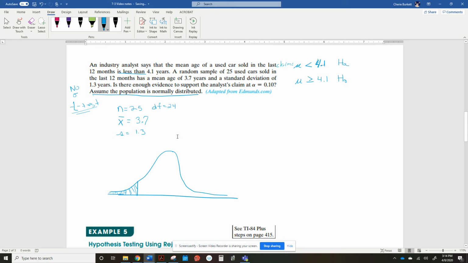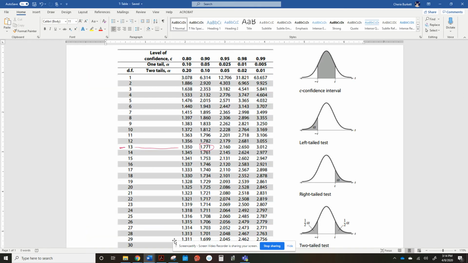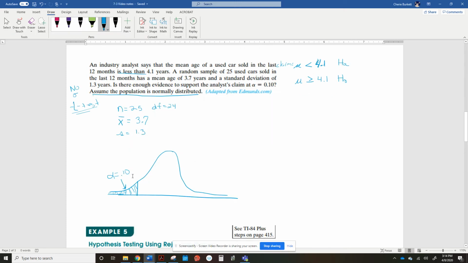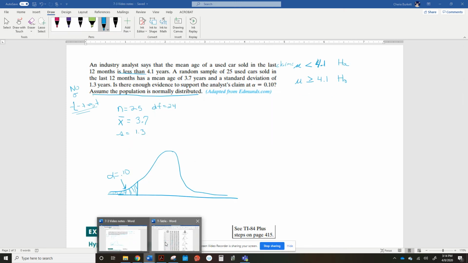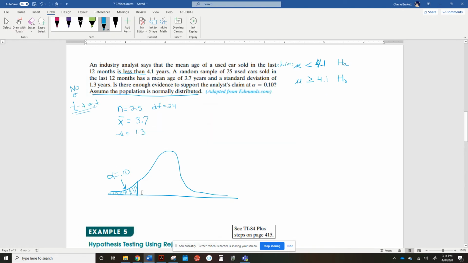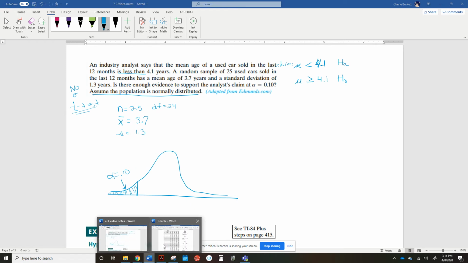is, what's my alpha? Alpha right here is 0.01. So I am going to go to my t-chart and get my one tail test, 0.10. Degrees of freedom was 24.